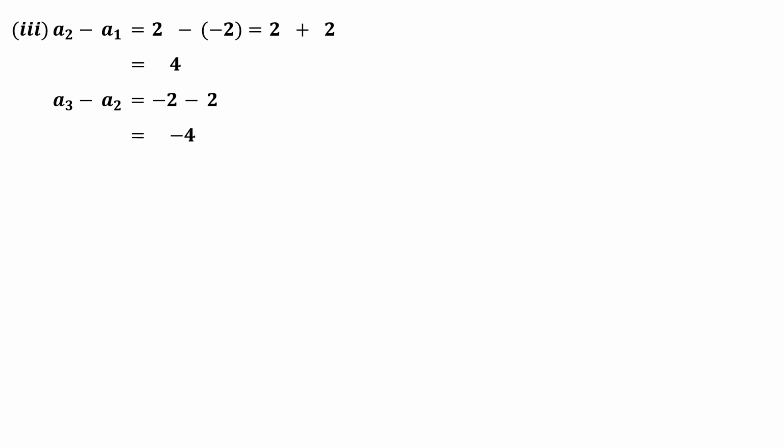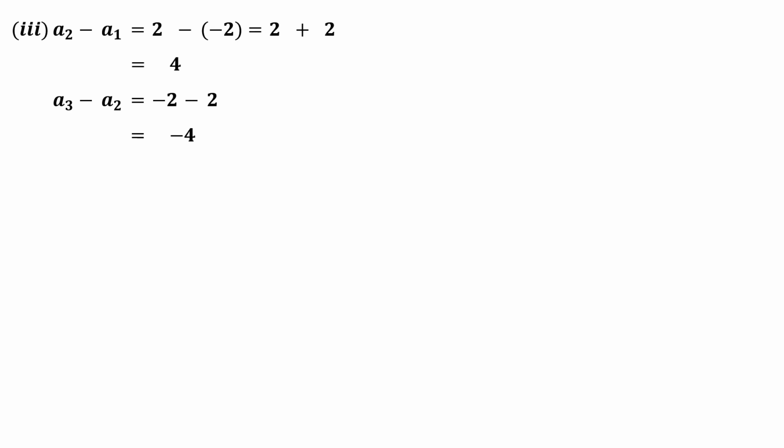Now the third sub question. A2 minus A1 equals 2 minus minus 2, which is 2 plus 2 equals 4. A3 minus A2 is minus 2 minus 2, this is minus 4. What do we see here?